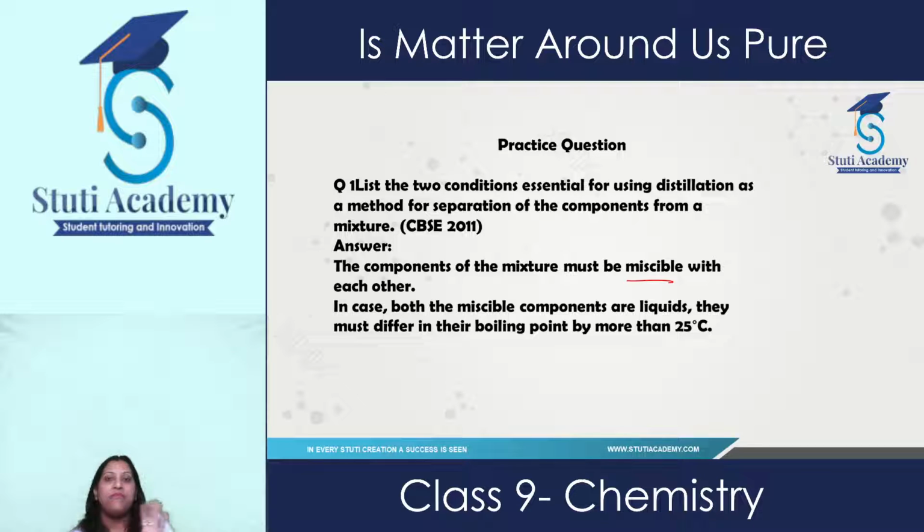It means they can mix with each other. That is the first condition. And second is they have a difference in their boiling point more than 25 degrees Celsius. So these are two conditions if we want to implement this distillation method.